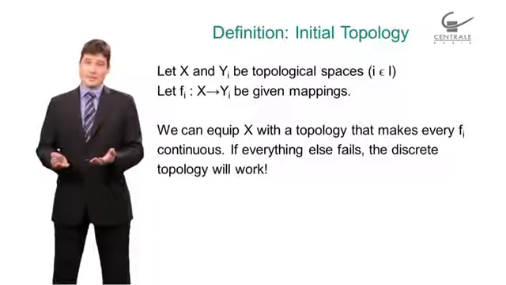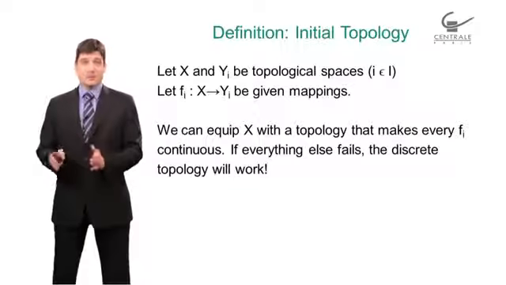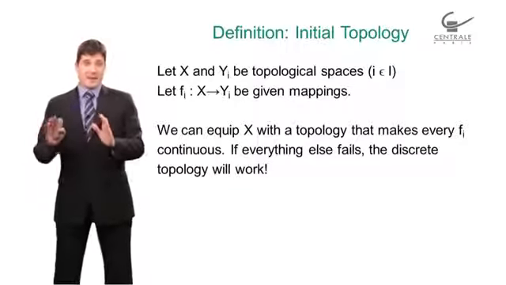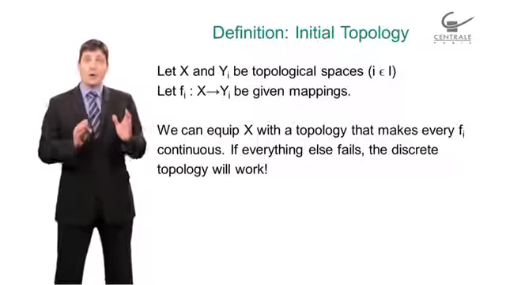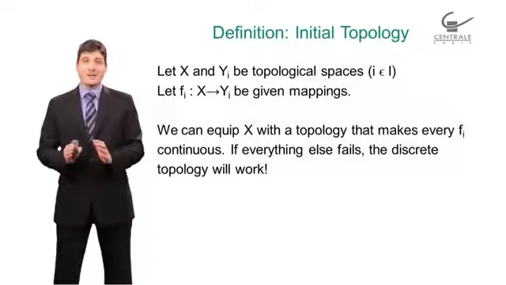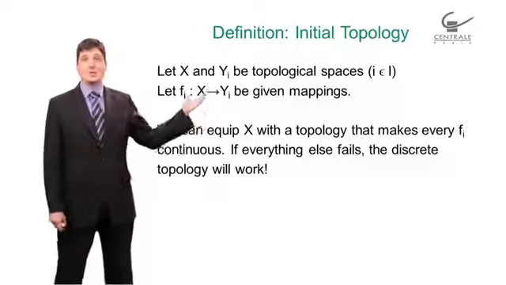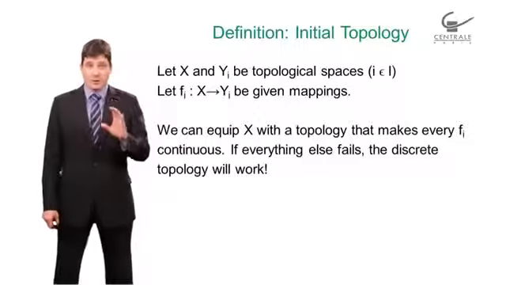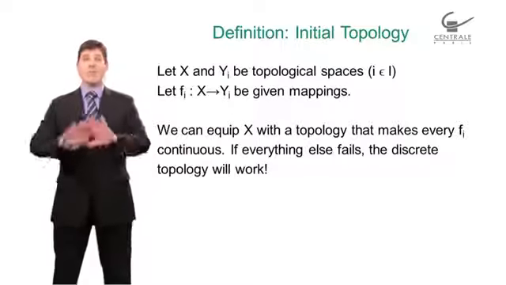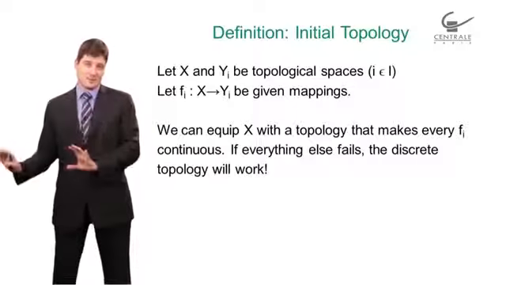What I'm saying is that we will always manage to do it, because if everything else fails, I can always choose the discrete topology. This discrete topology will make everybody continuous.